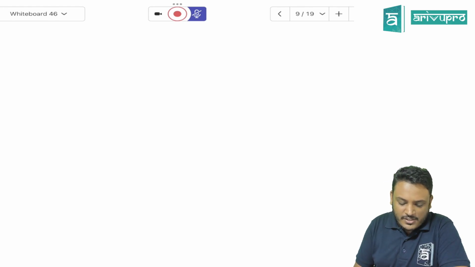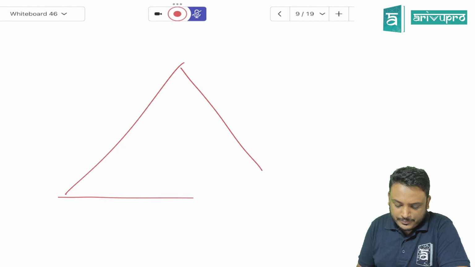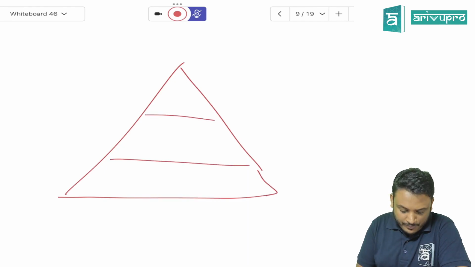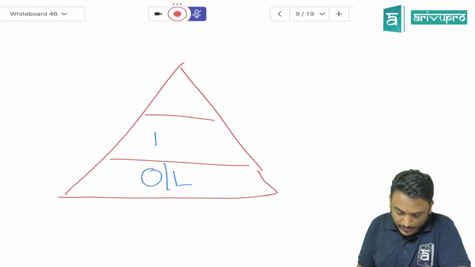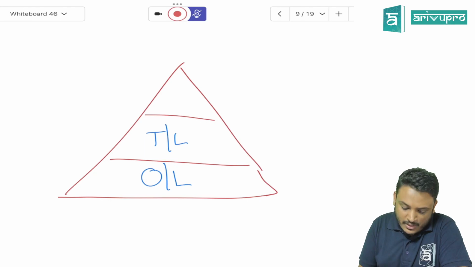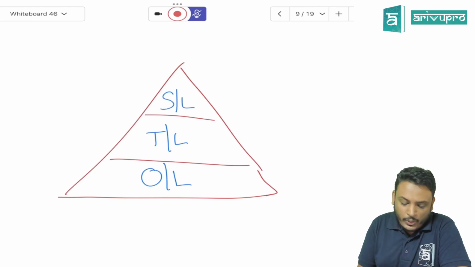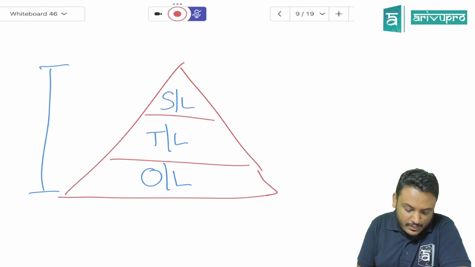There are 3 levels of management. Can you remember? Operational level, tactical level, strategic level. Together we call these managerial levels.